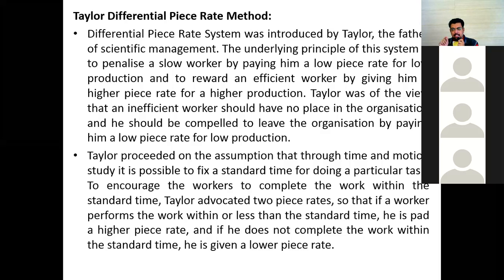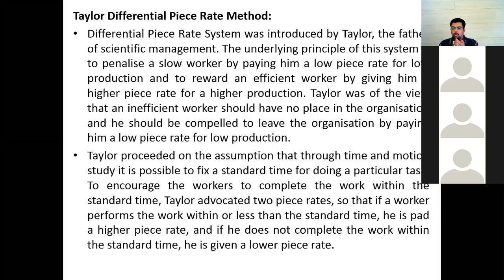Taylor clearly specified that those who do not work in a proper manner, whose production is not up to the mark, will get lesser benefit as compared to the efficient worker. That is the Taylor differential piece rate method. The word itself tells that it is differential.